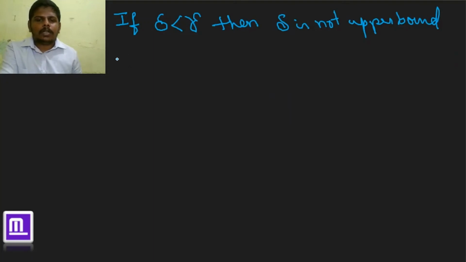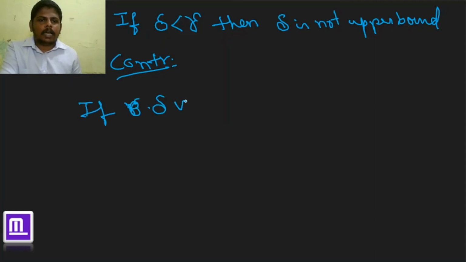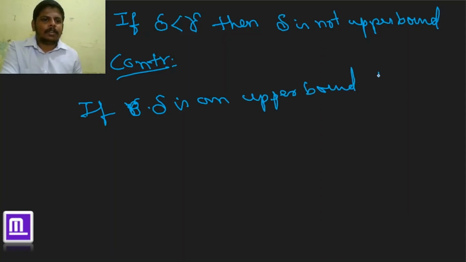Alright, what is the contrapositive statement of this? If delta is an upper bound, then delta will be not less than gamma, or gamma may be less than or equal to delta.